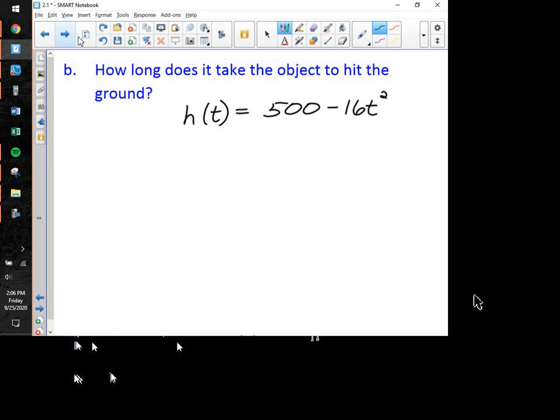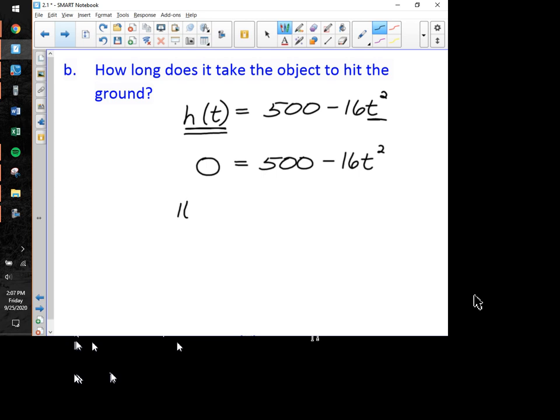So back to this formula, if I'm looking for a value of t, that's what I'm trying to solve for, but we better know what to put here. And we do know that at this moment in time, the height of our object, when it hits the ground, is 0. So we'll set that equal to this expression of 500 minus 16t squared, and we will use this thing called algebra to solve this equation for t.